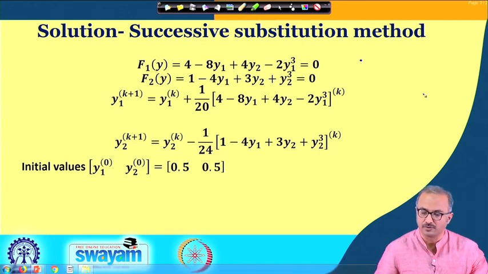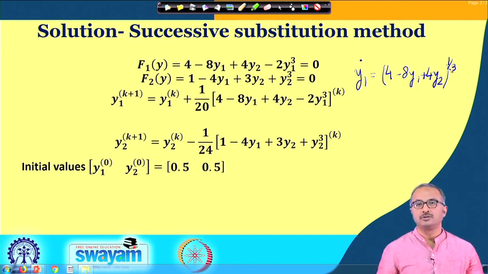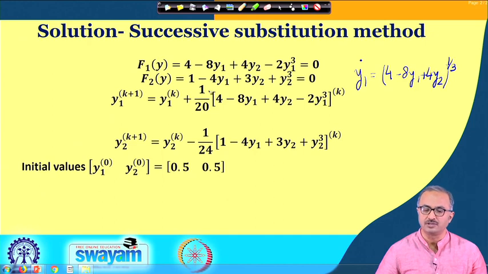I am just writing for you here, I can take y1 to be 4 minus 8 y1 plus 4 y2 and cubic root. So, this may be another expression for y1, or you may even use this particular expression to get the value of y1. So, you have many choices for y1 and y2.